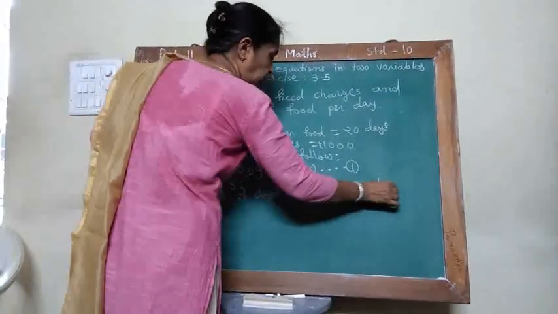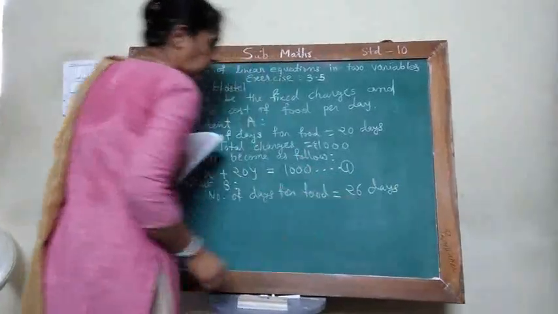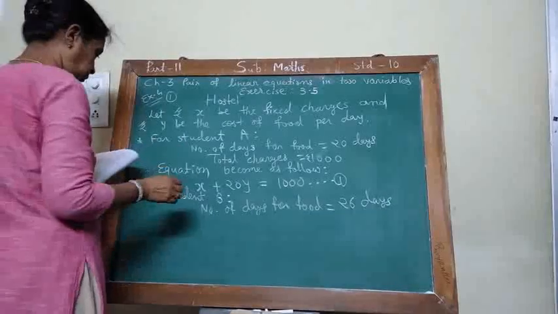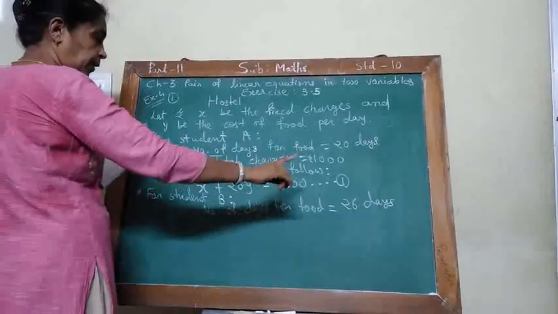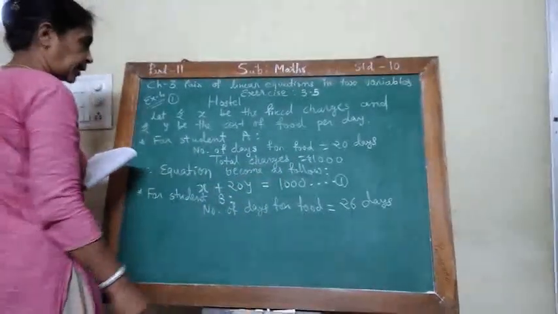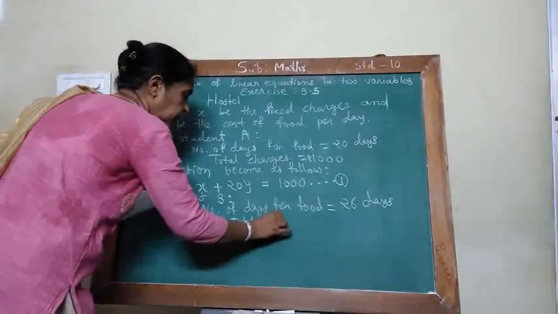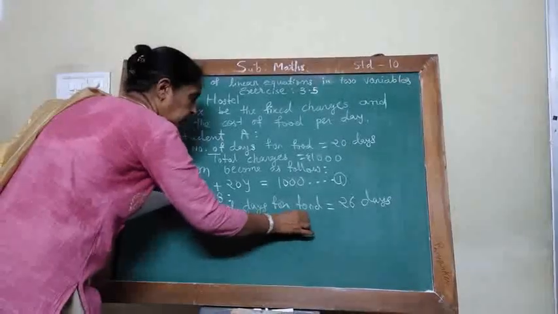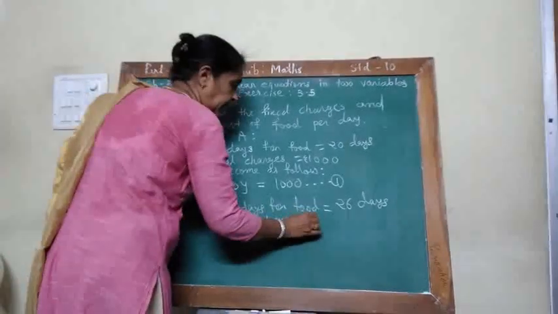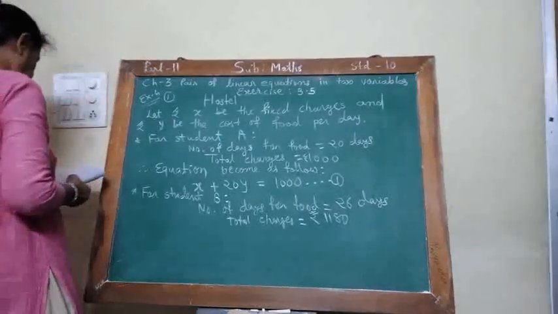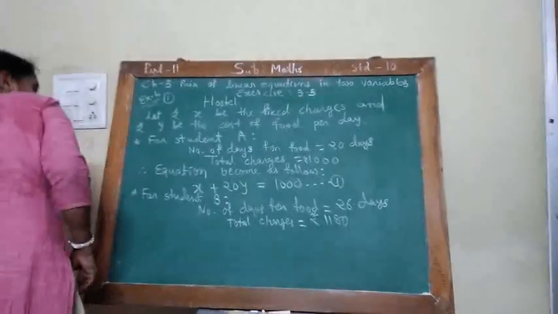And you have to also read the sum from the book. The question must be understood. So the number of days for food is 26 days, and the total charges is equal to ₹1,180. He has paid that total charge.